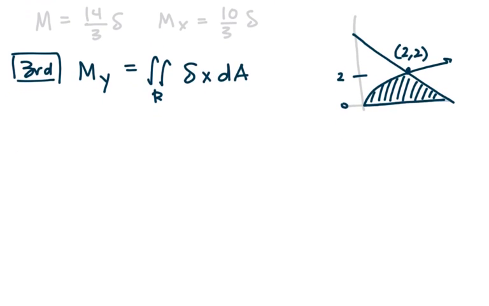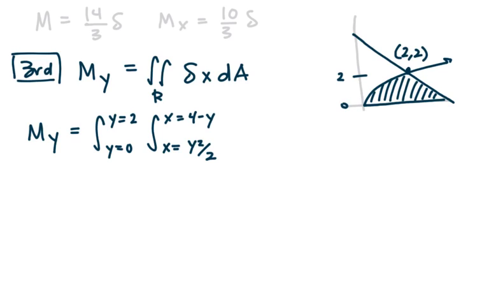So setting this up, what would this look like? And we'd set up the integral the exact same way. We've got y equals 0 to y equals 2. And my x equals y squared over 2. X equals 4 minus y. Delta x dx dy.